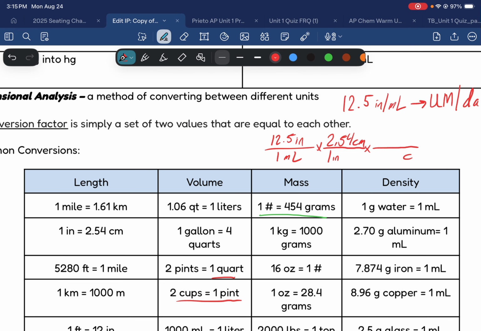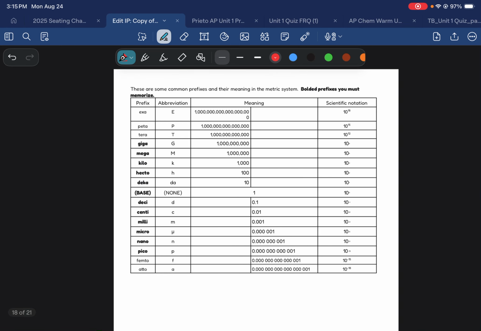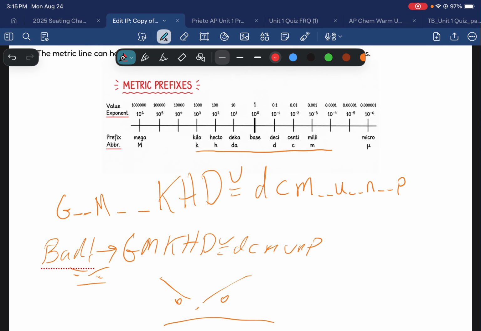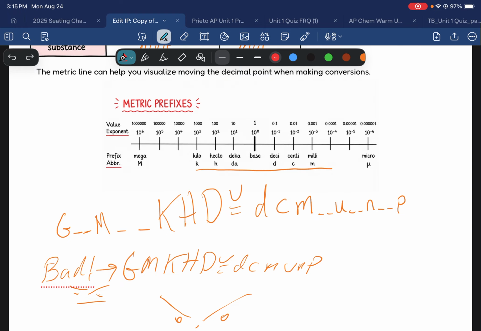Now, what I can do, I got centimeters here. I know you don't see it on the chart. This is where you don't need the chart. Centimeters to micrometers. We're going to go back to that thing we did a couple days ago. Go into our chart. Remember this? This is what we're using. So we're going from centimeters to micrometers. What's bigger, the centimeter or the micrometer? If you said micrometer, you're wrong. It's centimeter. So you can write this as a conversion factor.